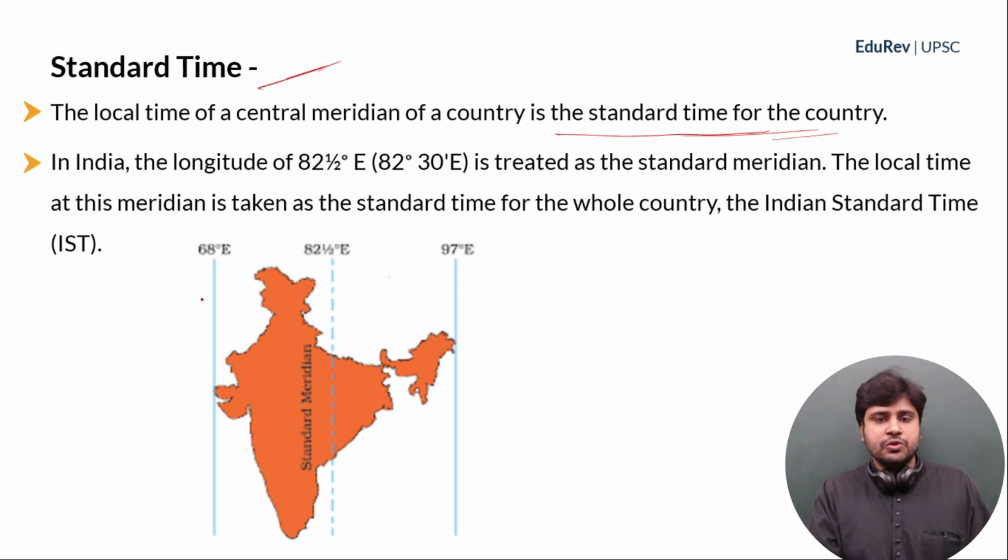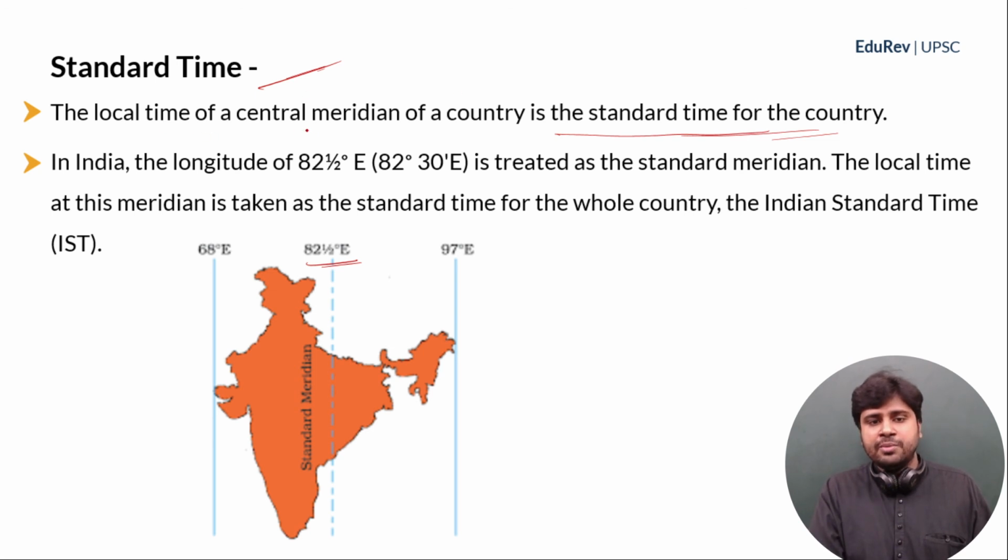The 82.5 degrees east meridian passes through the center of India, more or less. So the time of the 82.5 degrees east meridian is taken as the standard time for the entire country. That is the standard practice followed by most countries. I hope you're understanding.